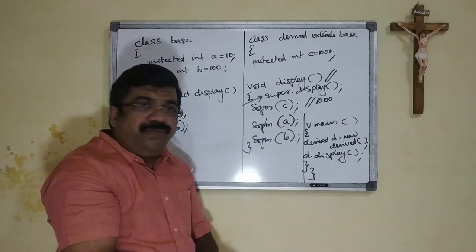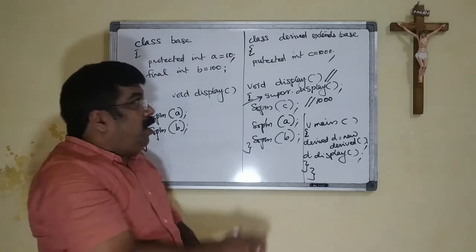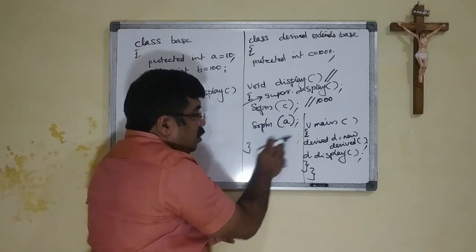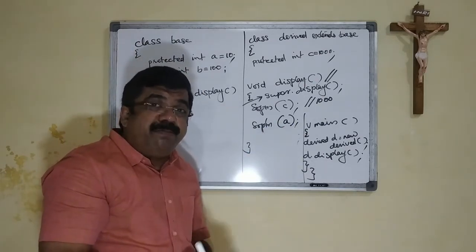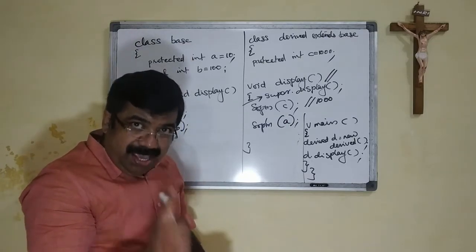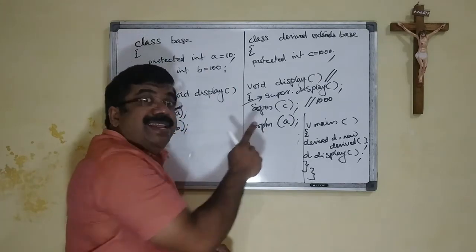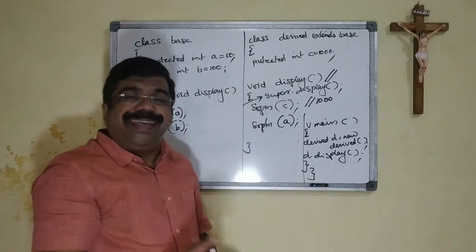We can access the data members here because this protected A is available in the derived class. Protected data members can be inherited. So when you use the same variable in the derived class, there is no error.